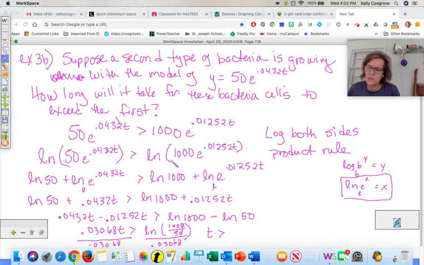So t is greater than 97.644, or approximately 98. Now, if we go back and look, what was t talking about in the first example? It was time in minutes, okay?